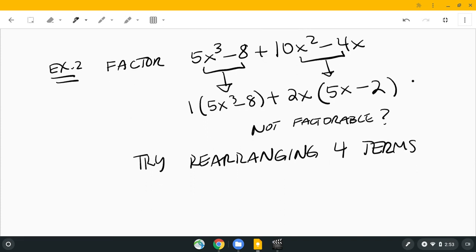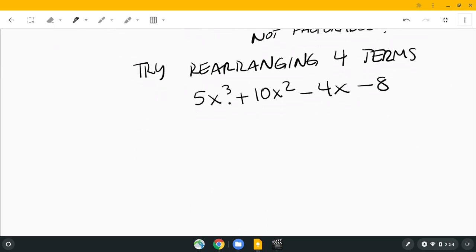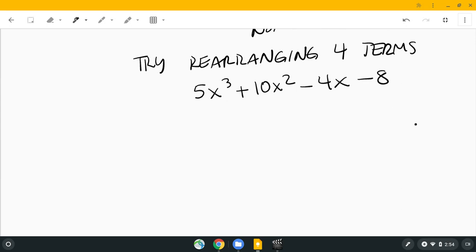If I rearrange them, I have 5x cubed plus 10x squared, and then I have minus 4x and minus 8. Let's see what happens if I do that. I group the 5 and the 10 together, and I group the 4 and the 8 together. So that's how I decided on this.